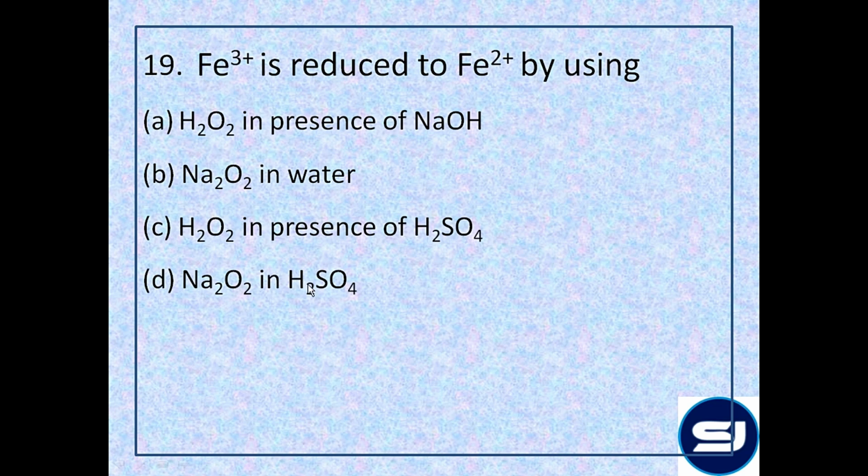Na2O2 dissolves in acid to form Na2SO4 and H2O2, and with the excess of sulfuric acid, the peroxide would be present in acidic medium. So basically, we have to identify whether the reduction is possible in alkaline medium or acidic medium. Now this can be analyzed by the standard reduction potential or the SRP values, the concept of which is discussed in electrochemistry. Have a look at the solution.